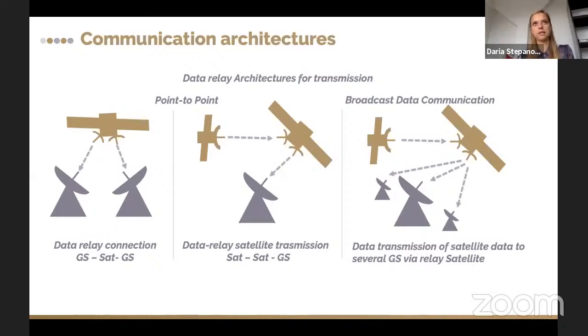If we're talking about the relay, the satellite needs to carry several transmitters and perform maybe complicated pointing maneuvers, which in the case of a small satellite might not be needed. Sometimes it's easier to utilize several ground stations than enhance the capabilities of the small satellites.